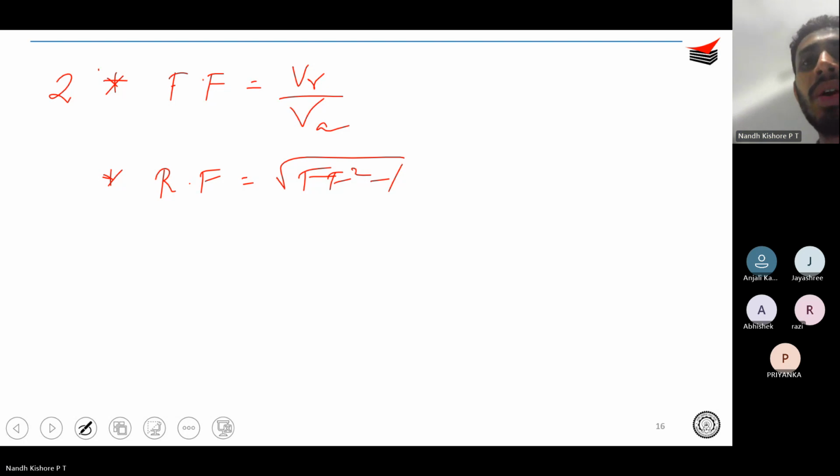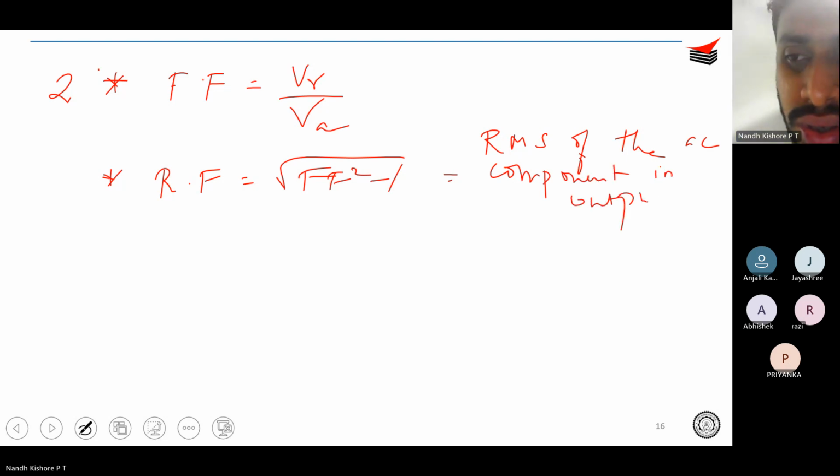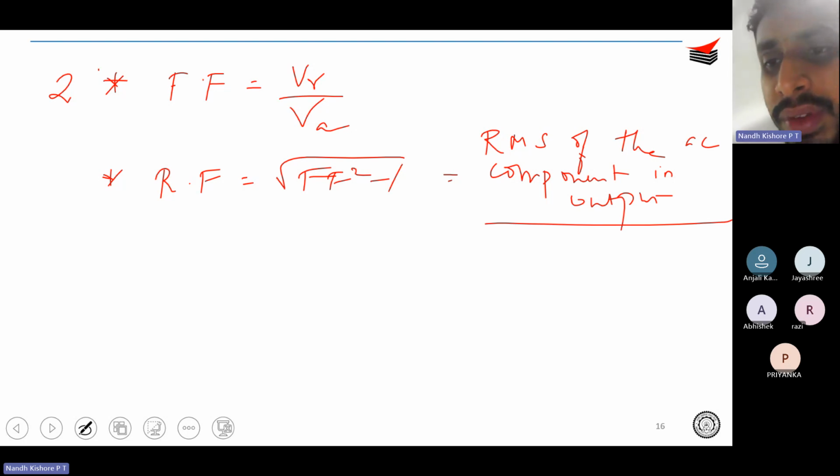Or the ripple factor is basically the RMS of the AC component in the output divided by the DC component.